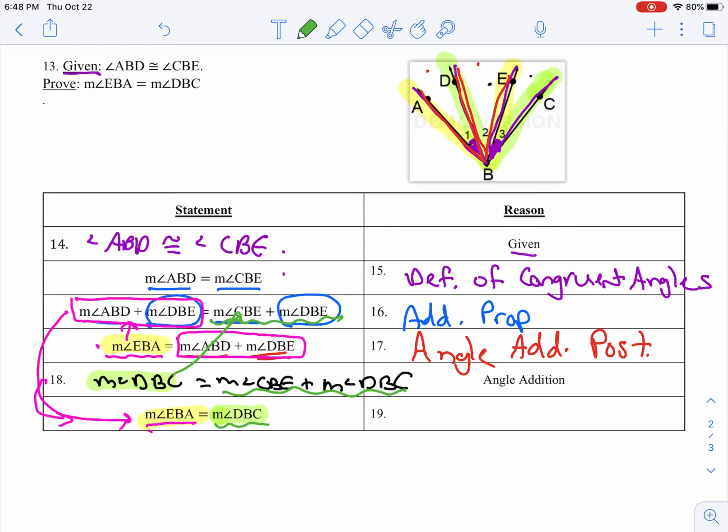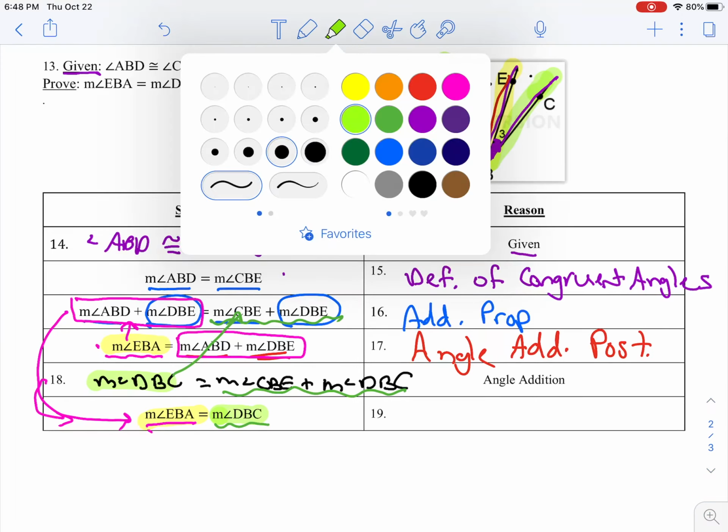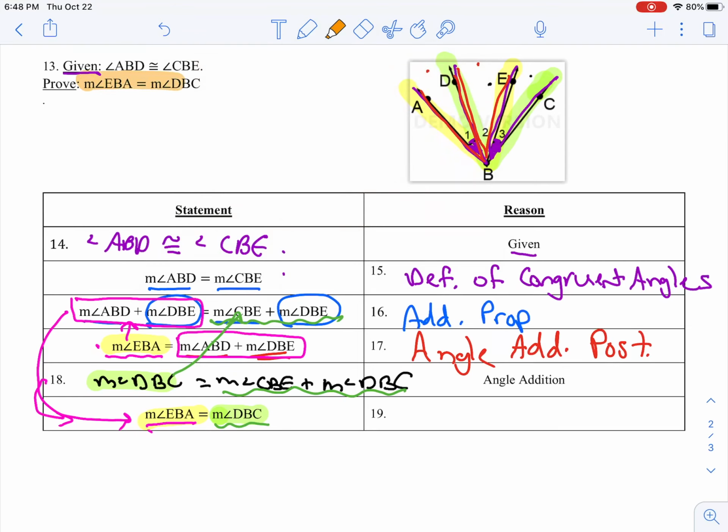So now we have proven that our original statement that we set out to prove is true. So we have proven that the measure of angle EBA is equal to the measure of angle DBC. These are the same. That's what you always want to end your proof. But how did we get that last statement? What allowed us to say that? And that is called substitution.